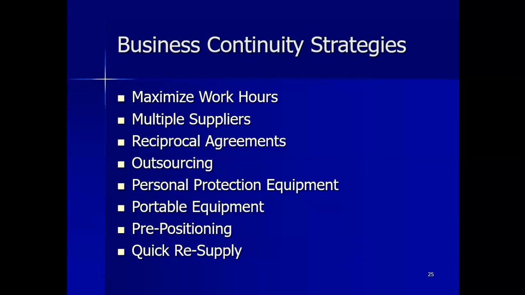Next, you have mutual aid agreements. It's an agreement between two or more organizations to provide a resource when one of the businesses or organizations experiences an outage. And next you have business alliances.